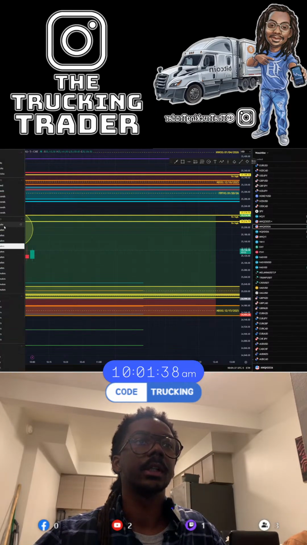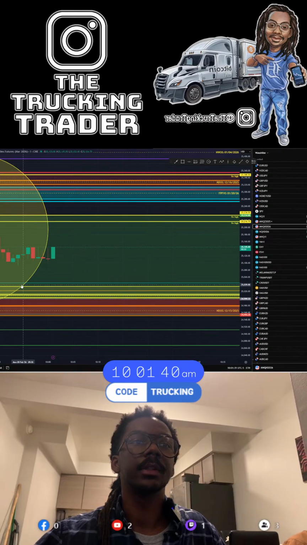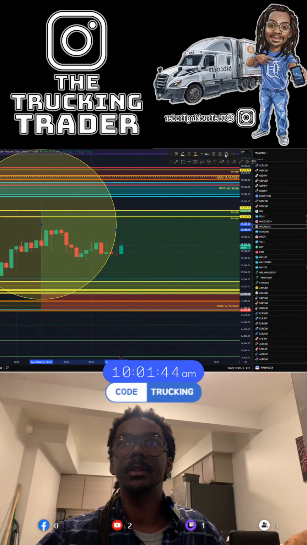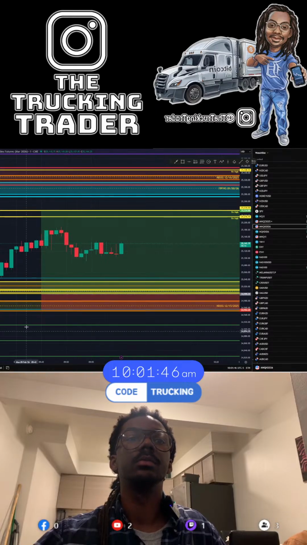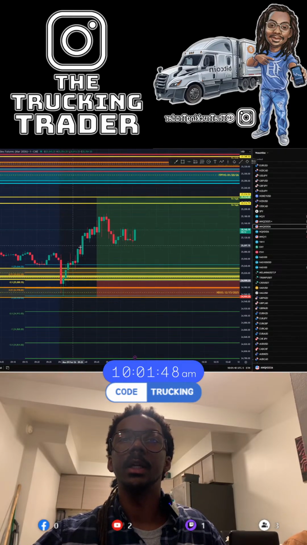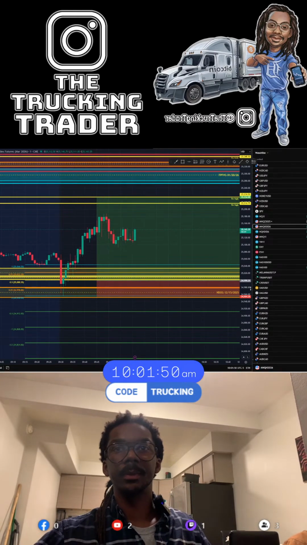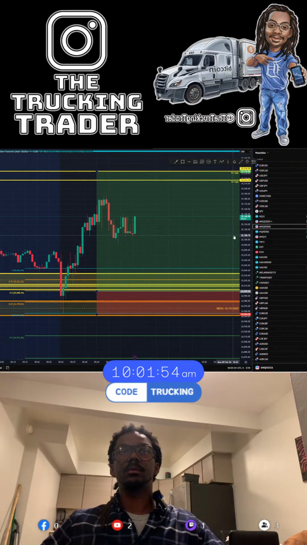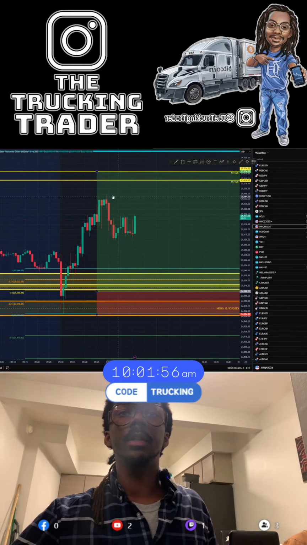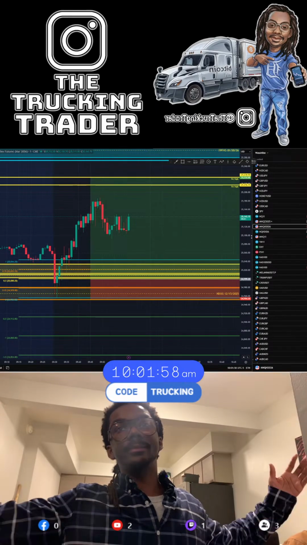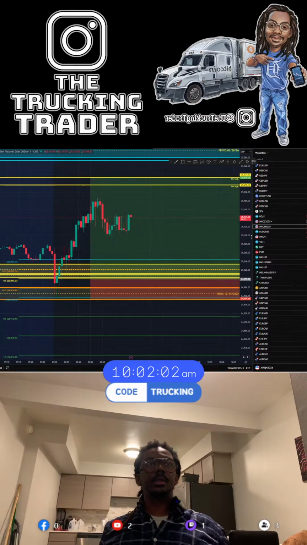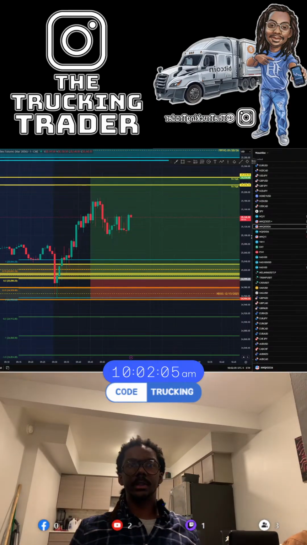Let's make sure we're looking at the 1 minute too. We pretty much have to wait and demand that the price come to where we want it to go, because we definitely don't want to be on a 1 minute getting tripped up. But if it takes liquidity before it comes to pick us up, then the entire idea is going to just go down the drain. So let's see what happens right here.